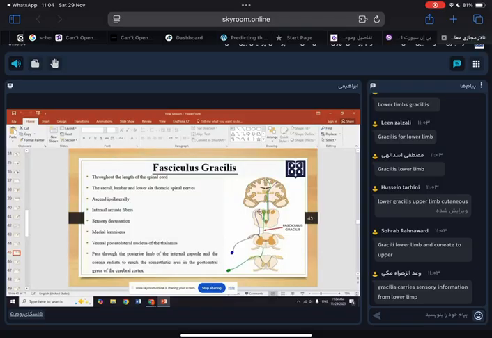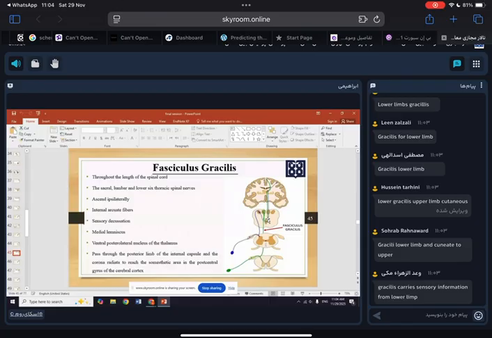After that, they make the internal arcuate fibers, and they pass at the midline and make the sensory decussation. Decussation means cross.